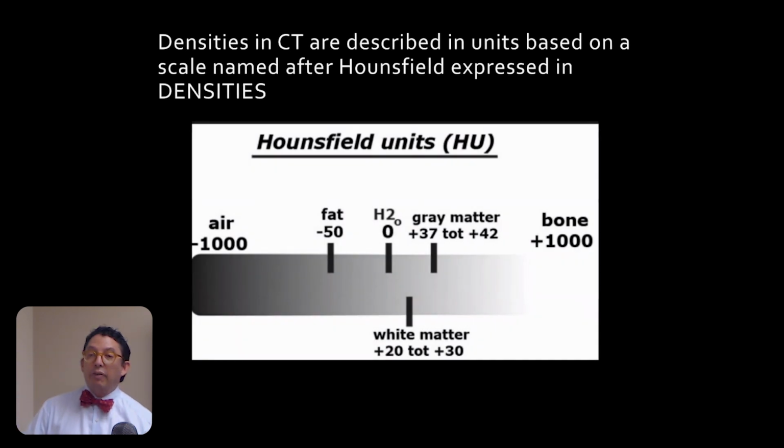So this is just a summary of how densities are, and we call the units of the defined densities Hounsfield units in honor of Dr. Hounsfield, where water is in the middle, air is in the very dark side like Star Wars, and bone is going to be in the very bright side. So in the middle of those, between water and bone, you get the gray and the white matter, and between water and air, you get the fat.